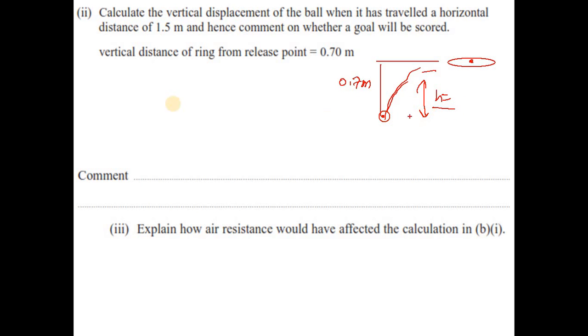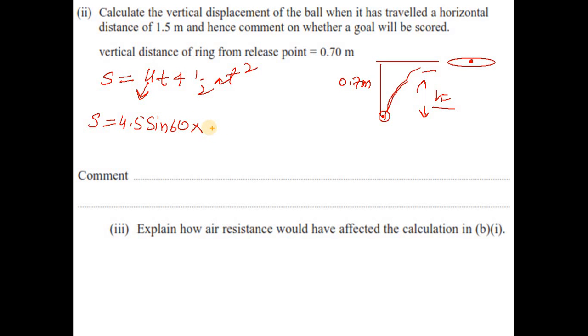Again, for vertical height in case of projectile, we use S equals ut plus half at square. In this case, this u is the vertical component of the velocity. So S is equal to 4.5 sine 60, the vertical component, into time.